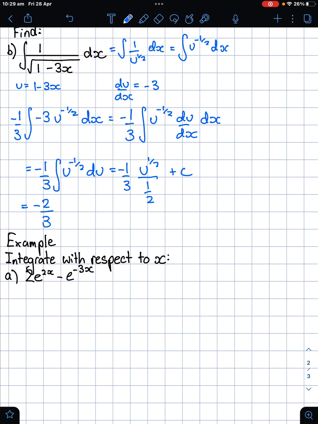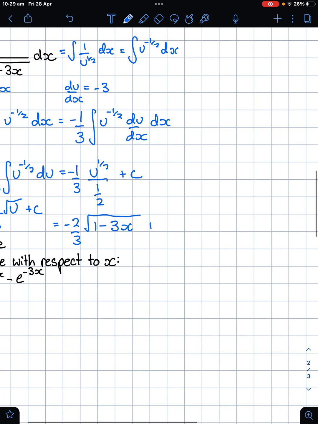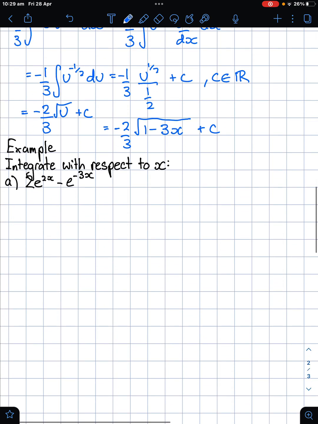And then I'll write it as u to the 1/2, which is just square root u plus c. Final step here is -2 over 3. Now, I'm going to resub u back in. So u was 1 minus 3x. And then plus c. And I should get in the habit of putting c as a real number. So we've done that one with substitution.